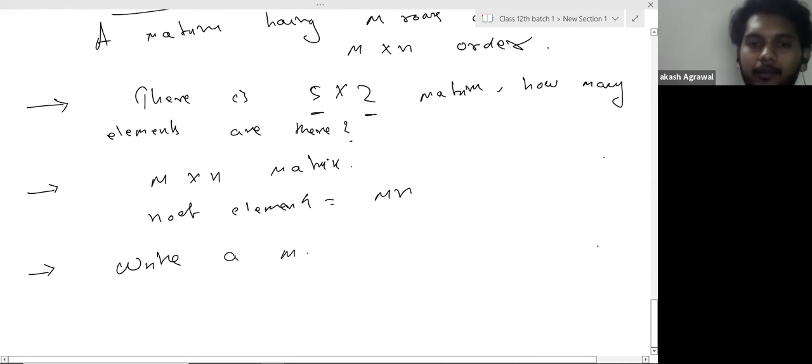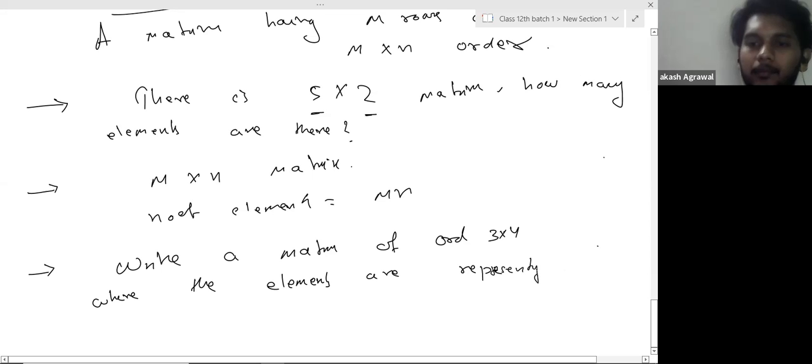Write a matrix of order 3 by 4 where the elements are represented by Aij equals i plus j.